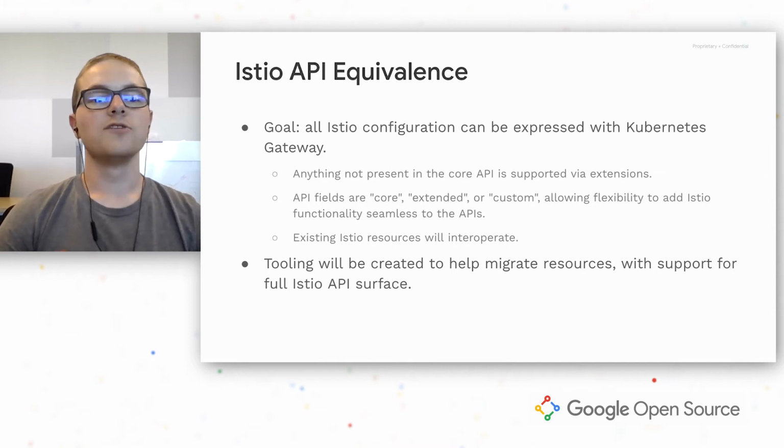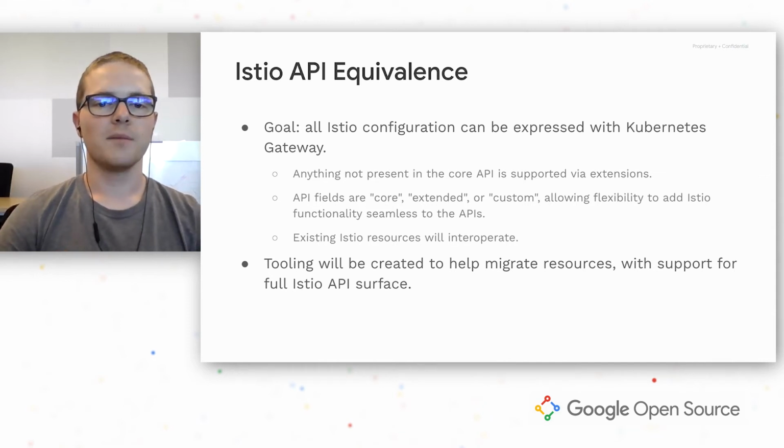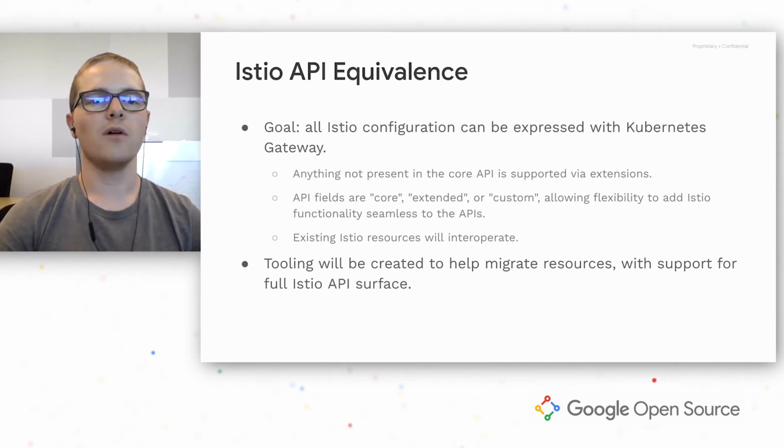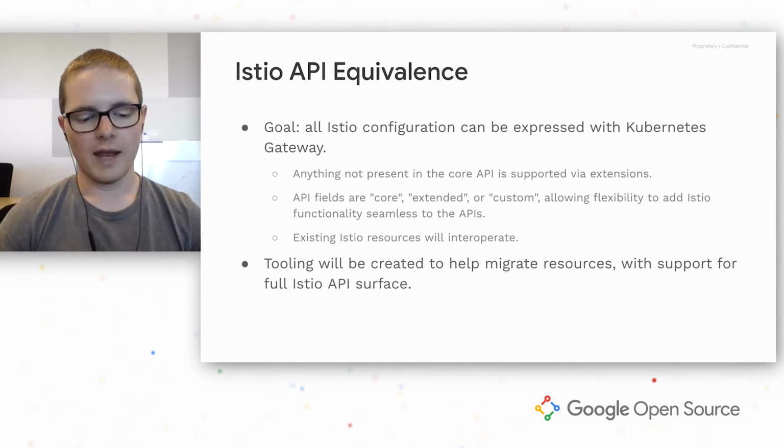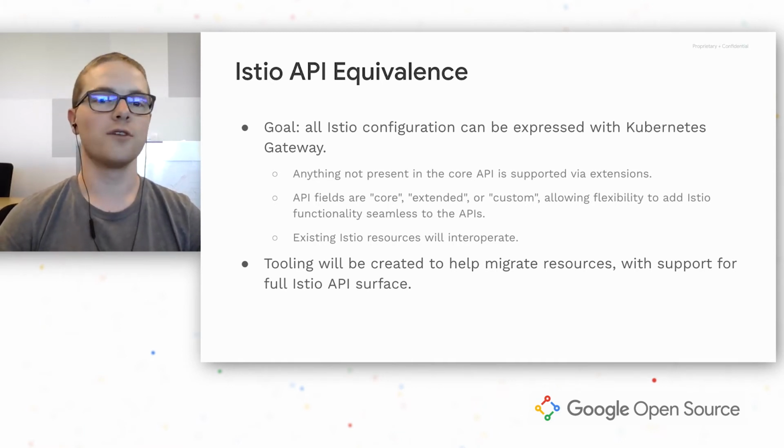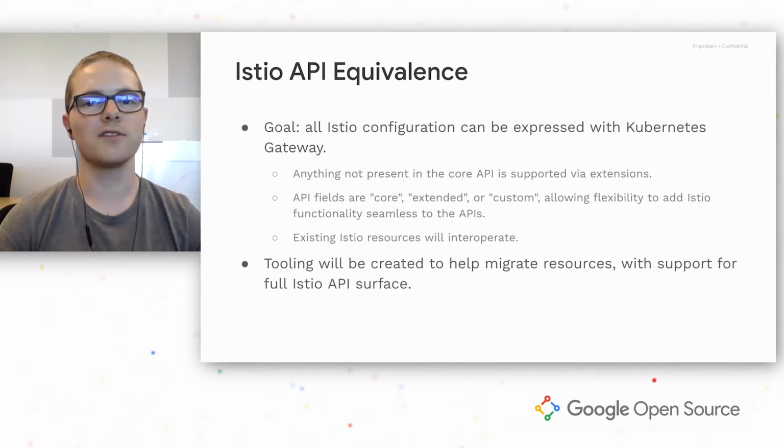Going into how Istio is planning to implement this, one of our goals is that all of the rich functionality that Istio offers today will still be expressible with the new API. Not all of the Istio features will be in the core API, of course. We offer a lot of features, and many of these are things that cannot be offered by all other implementations today, due to various limitations.